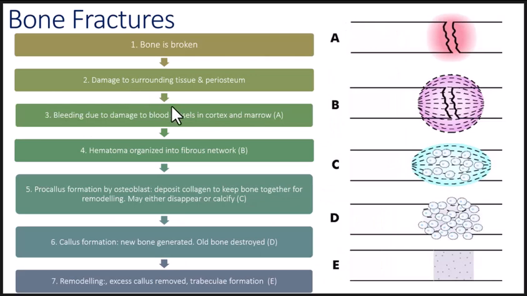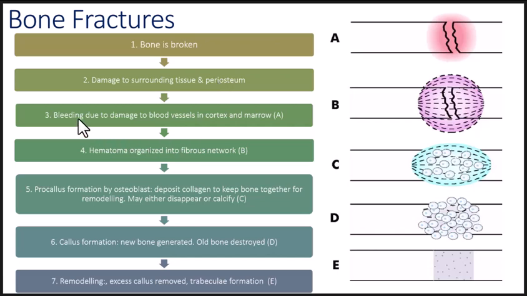So let's talk about what happens when a bone is broken or a bone fractures. After the break occurs, damage is going to be evident to the tissues that surround the area, and that will include the periosteum. Remember, that's that dense layer of very vascular connective tissue that sort of envelopes the bone. Not the surfaces of the joints, but the rest of the bone.